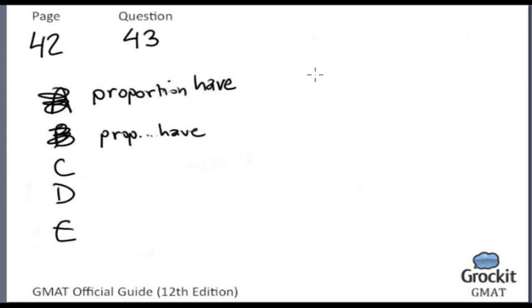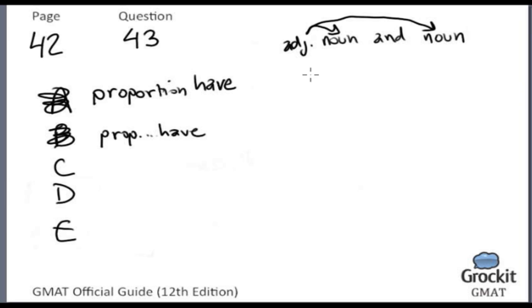So this is an interesting issue, grammatically speaking. You can have an adjective and then one noun and then another noun. So the question is whether the adjective that's modifying this noun can also modify this other noun. So we have women judges and partners.